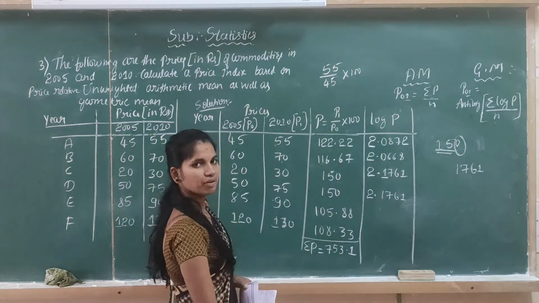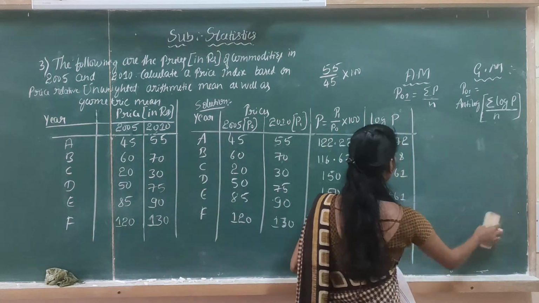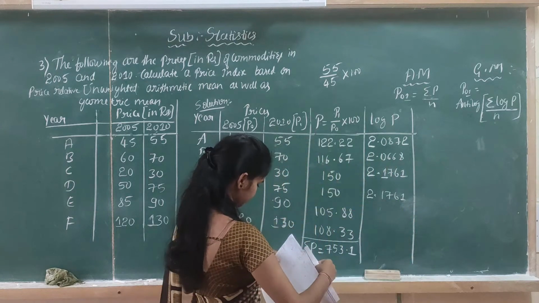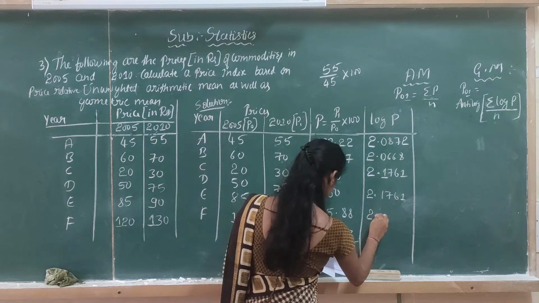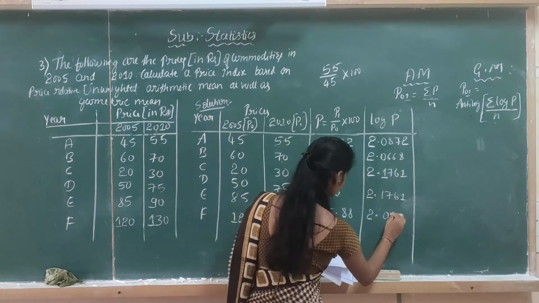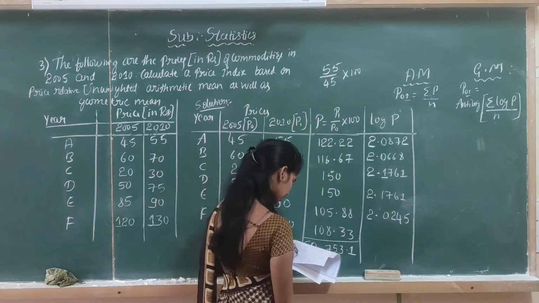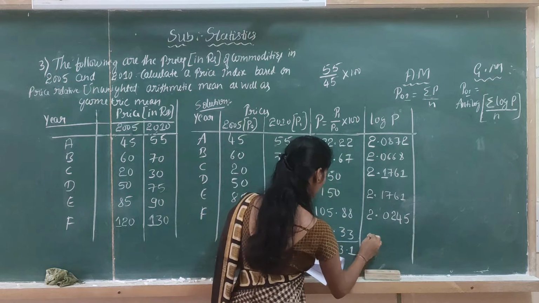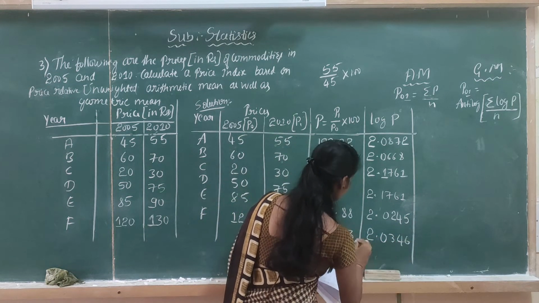And in the same way, you find the log for 105.88. The value is 2.0245, and the log for 108.33 is 2.0346.